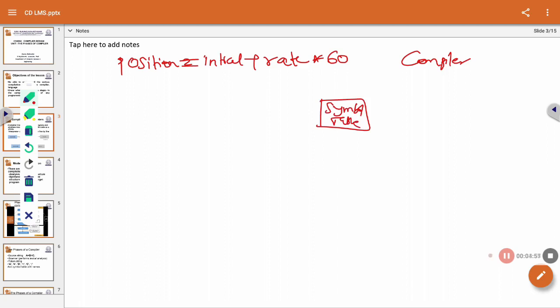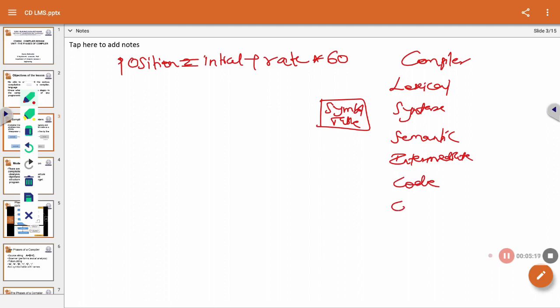The compiler phases are lexical analyzer, syntax analyzer, semantic analyzer, then intermediate code generation, code optimization, and code generation. So these are the phases of the compiler.